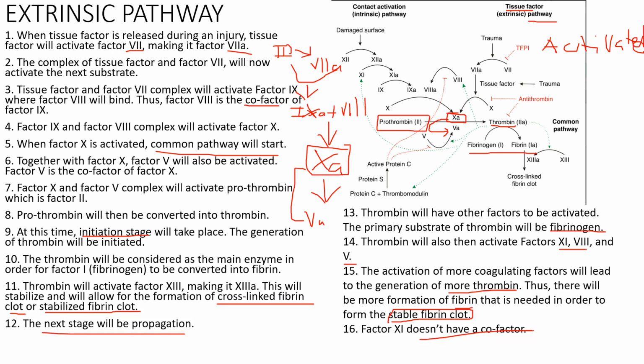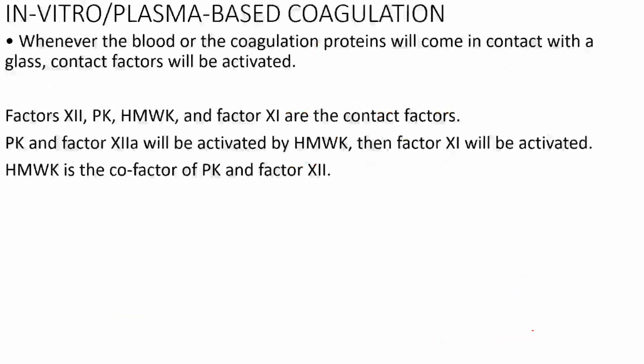Do memorize them. Now, take note of this so-called in vitro or plasma-based coagulation. Whenever the blood or the coagulation protein will come into contact with glass, contact factors will be activated. So, in the secondary hemostasis, we have these so-called contact factors. Now, these contact factors will be activated by glass.